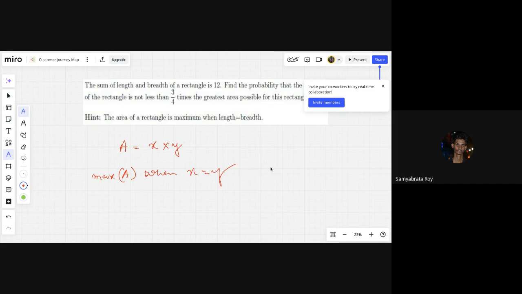Yes or no? Now, if area maximizes, then x must be equal to 6 and y also must be equal to 6, as x plus y equals 12. Fair enough?